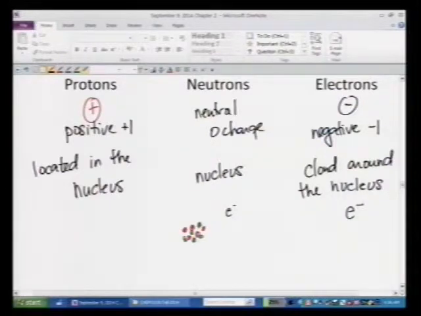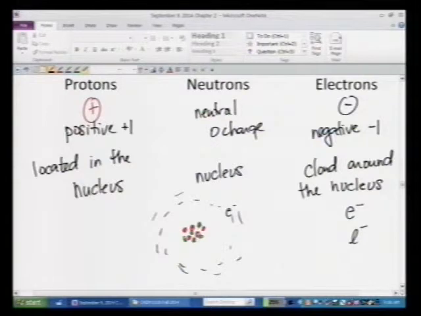So I have a bad habit of writing in my scientific shorthand. So if you ever see an e with a negative superscript in the notes, I'm talking about electrons. Okay, a lot of textbooks do that too. It might also be written like that. Okay, so you've got nucleus, and then you have these electrons in a cloud surrounding the nucleus. Okay, so there's your charge and your location.